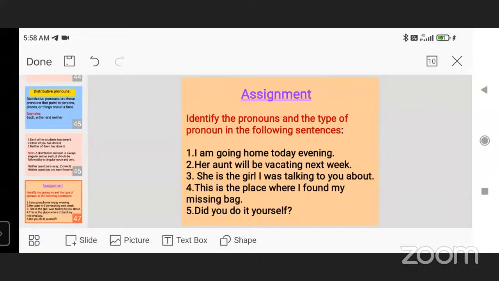I don't know what the reason is. Ma'am, welcome. Finished. So tomorrow we'll discuss the assignment. Today the children will write it and take screenshots. The class gets over. Okay, ma'am, I'll ask my father and come. Okay, ma'am.